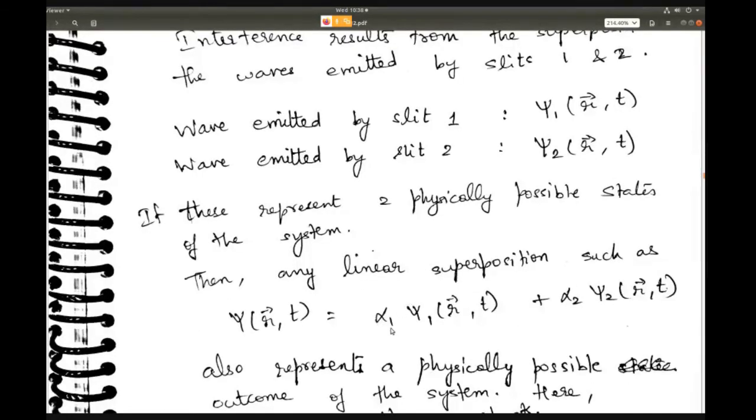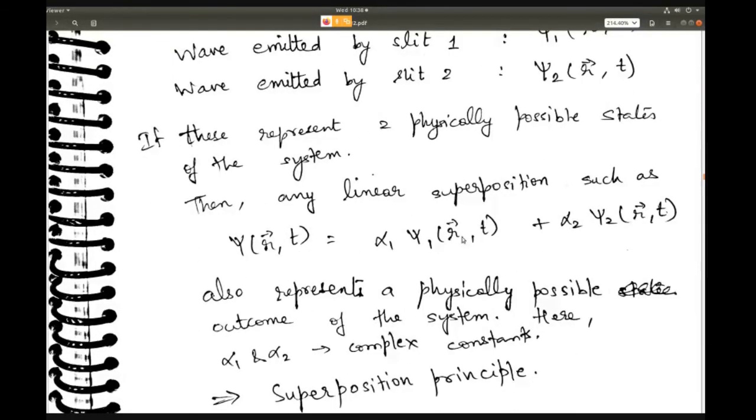So alpha 1 is some complex constant, alpha 2 is some complex constant, and psi 1 and psi 2 are linearly combined, which means some constant times psi 1 plus some other constant times psi 2. This is generally the principle of linear superposition, which means that two waves are linearly combined.